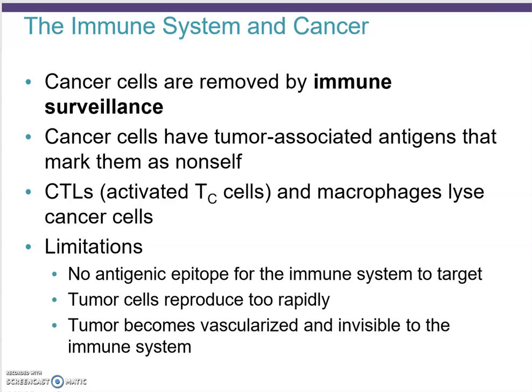And so basically you are using your own immune system to fight the cancer. And the latest thing is to reprogram your existing immune system cells, usually T cells, to attack the cancer.